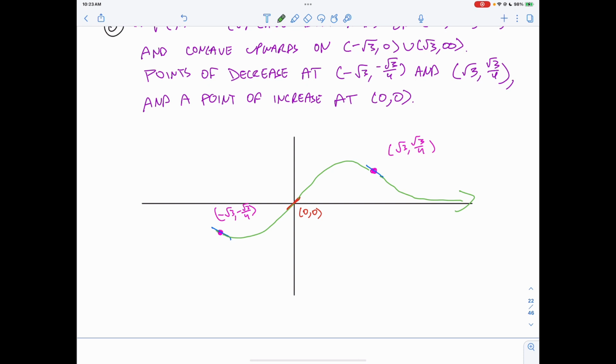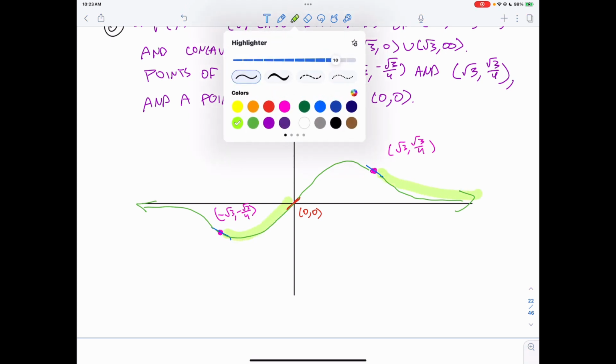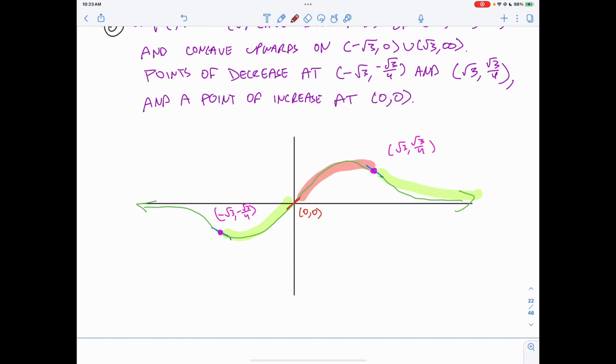And on the left-hand side here, it's going to go to concave downwards. And looks something like this.